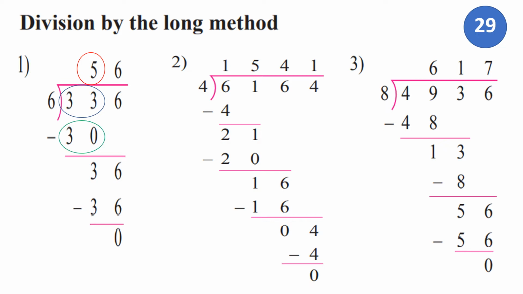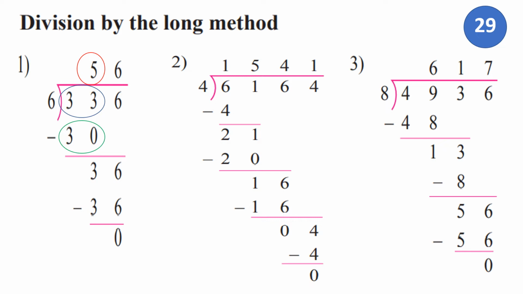Correct, students? Then 33 minus 30 is 3.